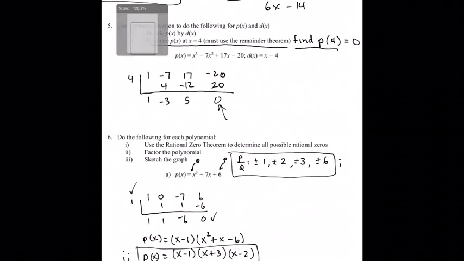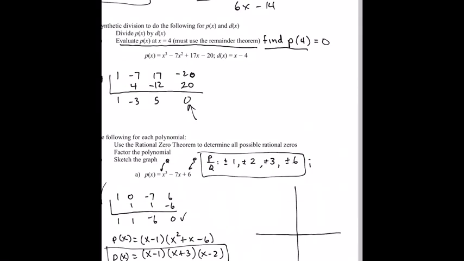Sketch the graph. Now that we know the zeros for x-intercepts, sketching the graph is going to be easier. We have a 0 at 2, a 0 at negative 3, and a 0 at positive 1. The y-intercept is that value there at the end, 6.